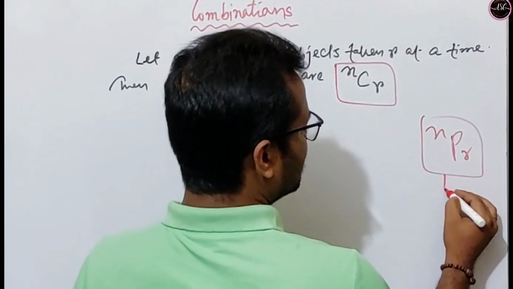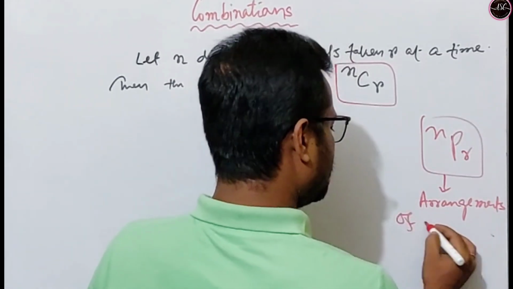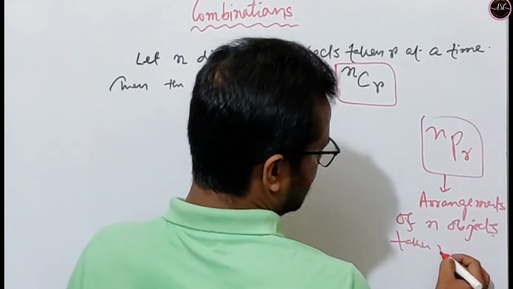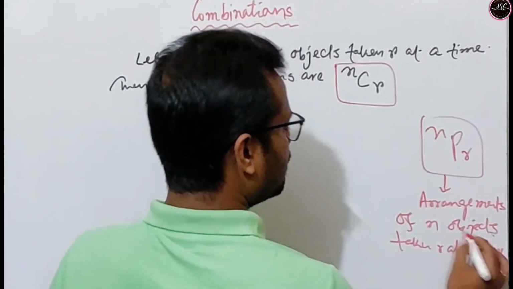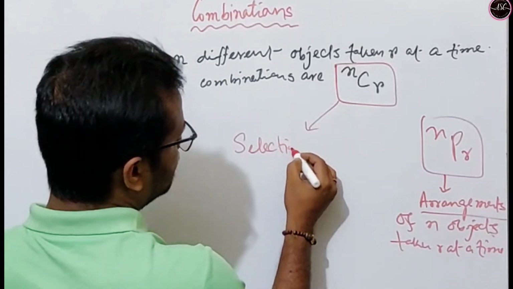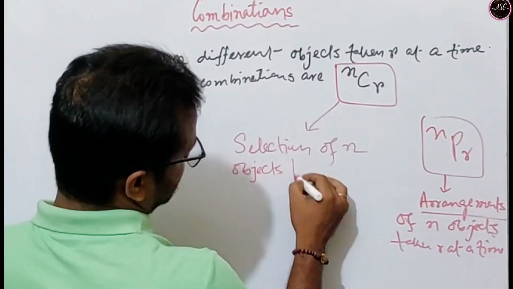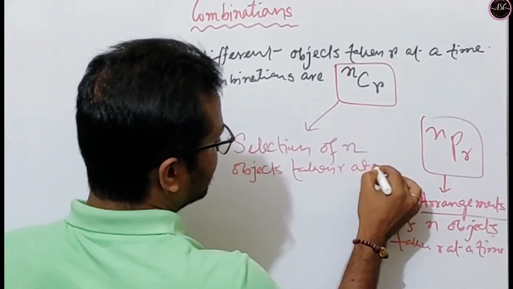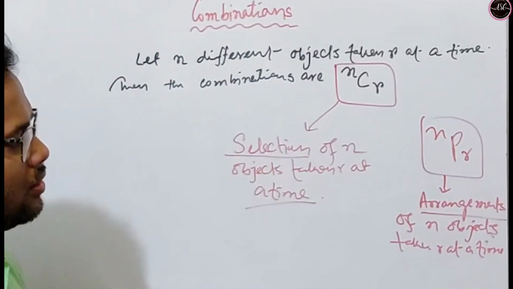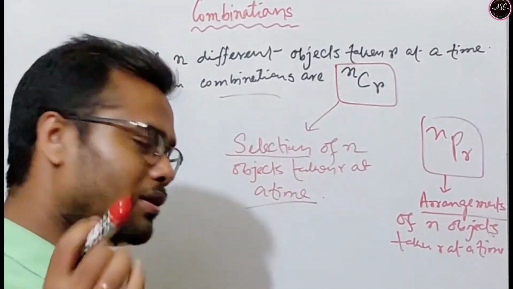That means this is the arrangement of n objects taken r at a time. Okay, so this is arrangement, and this is the selection of n objects taken r at a time. So if there is selection, that will be combination, and if there is arrangement, that will be permutation. Okay, clear? This should be remembered.